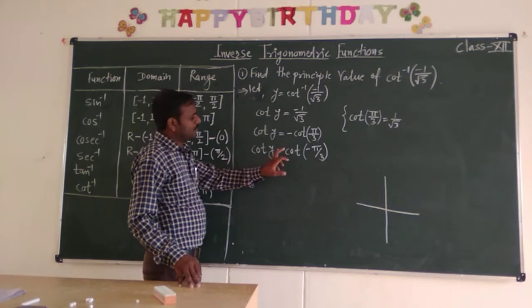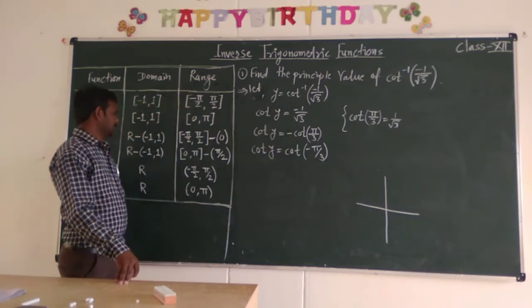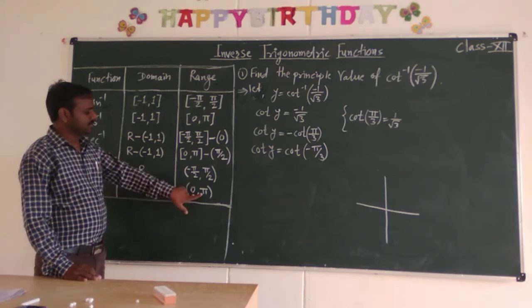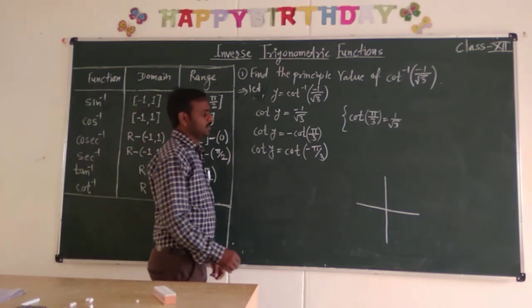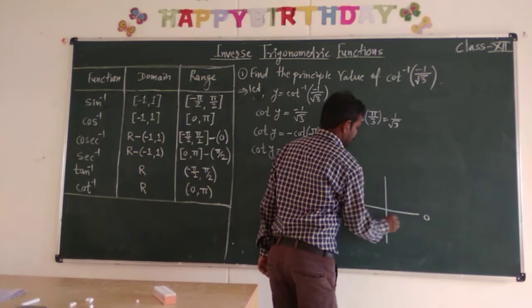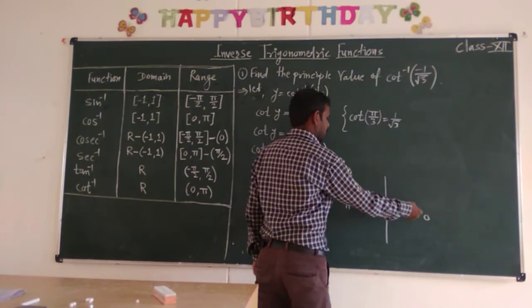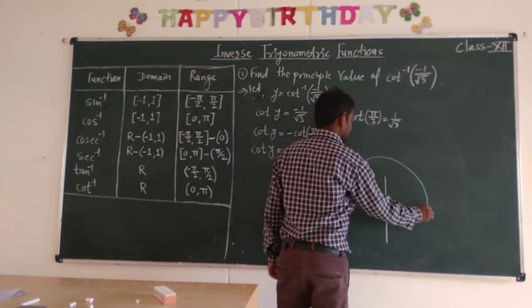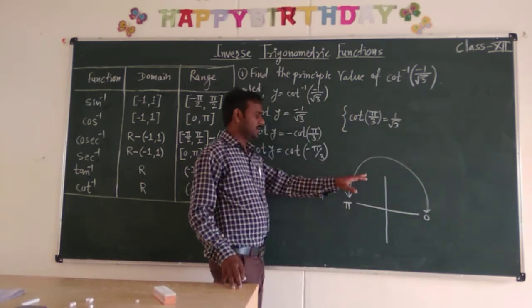Again, by using the table, the range of cot inverse is the open interval 0 to pi. That means this value lies in that quadrant space.